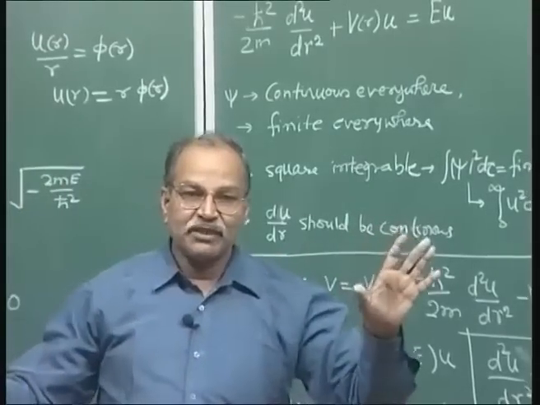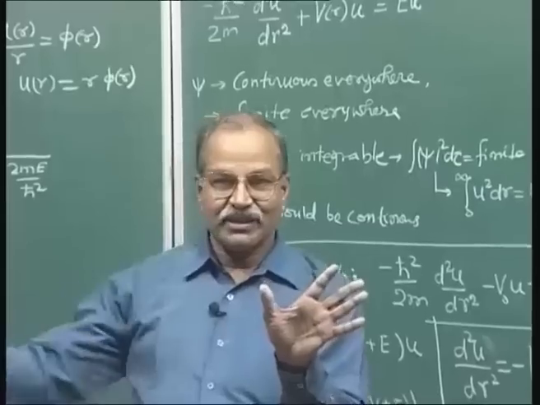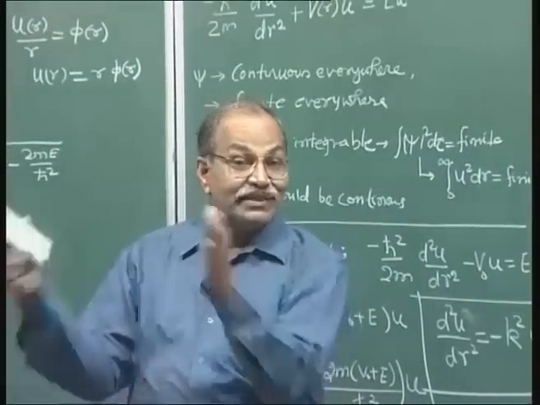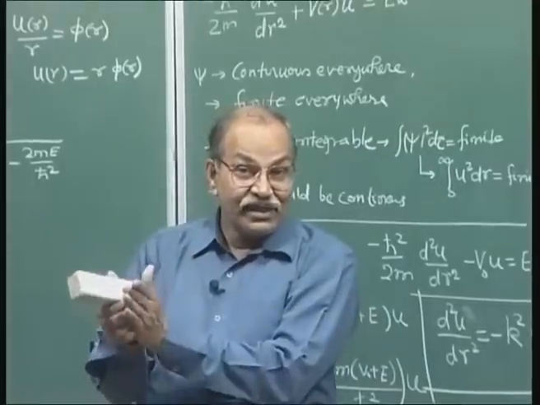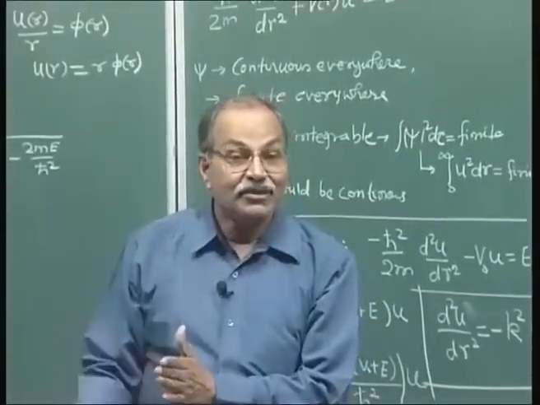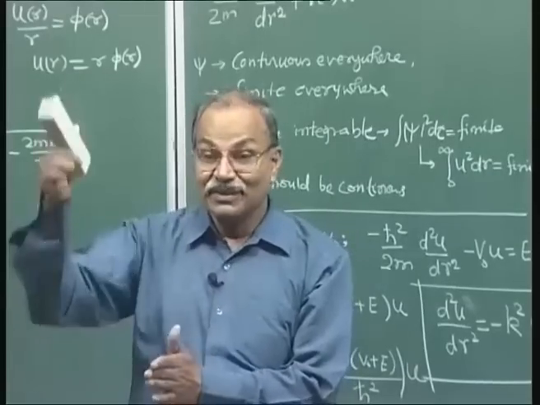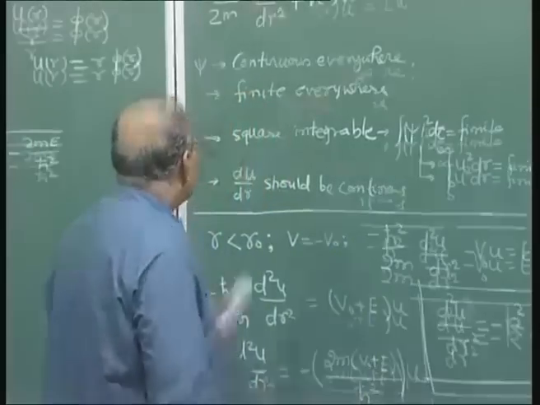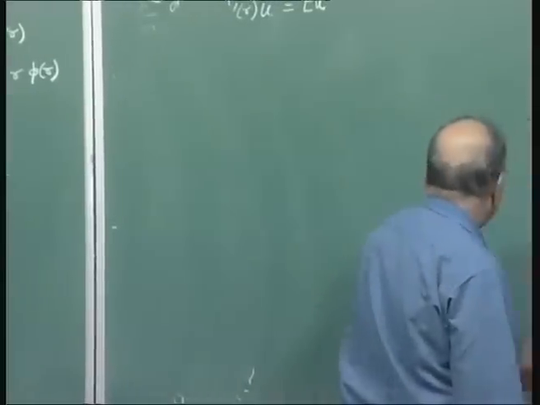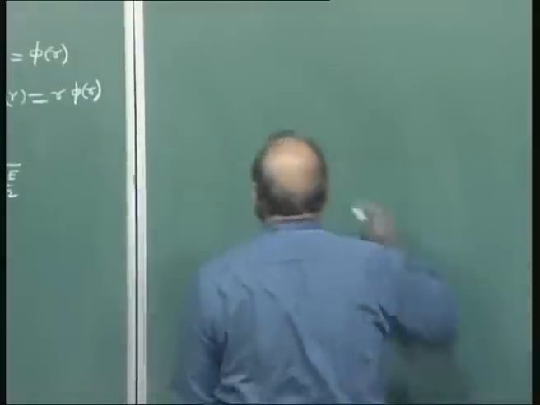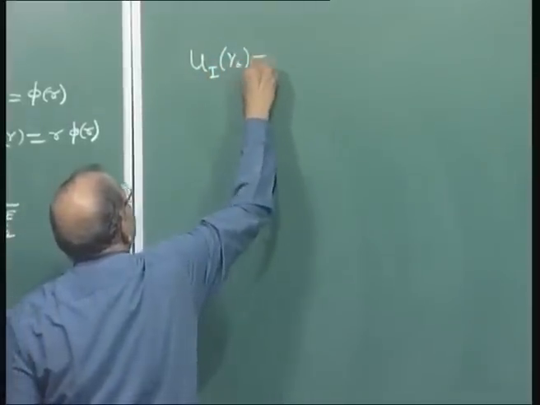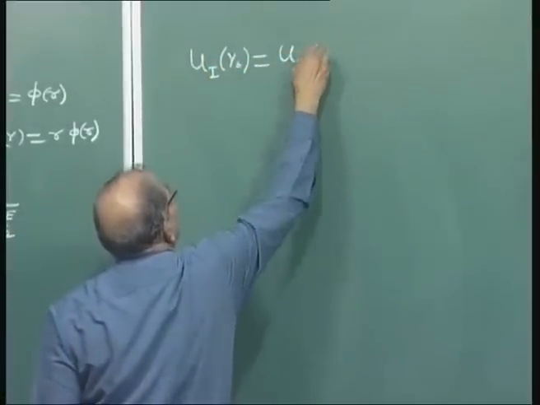You have an expression for u in this region and an expression in that region. At the boundary where both regions meet, I can calculate u from this side or that side, and that must be the same, then it will be continuous. So, if I put r equal to r naught, these two expressions should give me the same value: u from the first expression at r naught should be equal to u from the second expression at r naught.